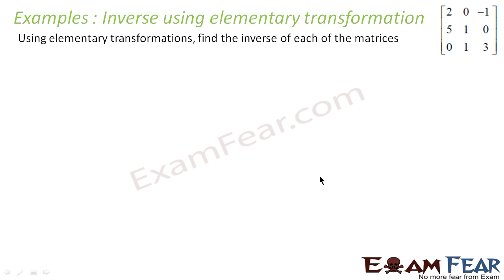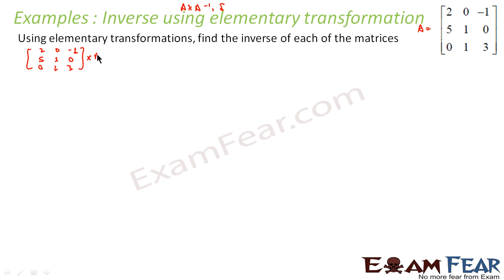Let's take one example where we have to again find the inverse using elementary transformation. Here, instead of 2 by 2, it is a 3 by 3 matrix. Same thing will apply here too. So let's assume this is A. We have the formula A into A inverse is equal to I. A is 2 0 minus 1, 5 1 0, 0 1 3.